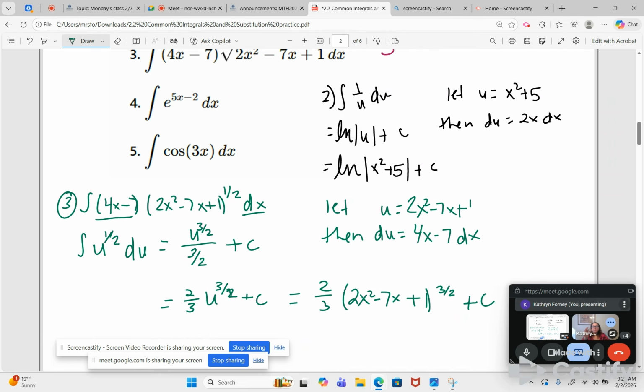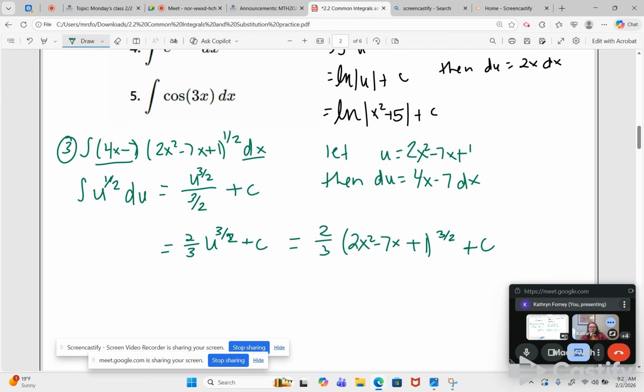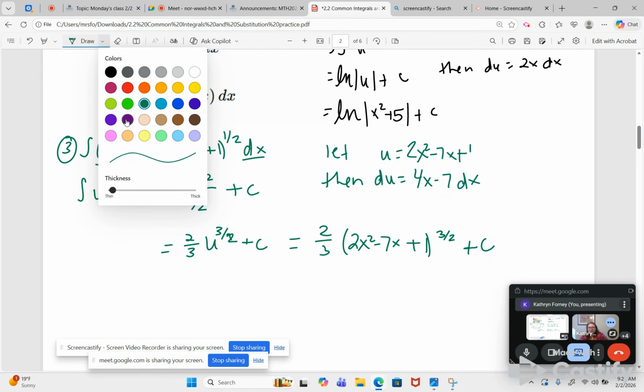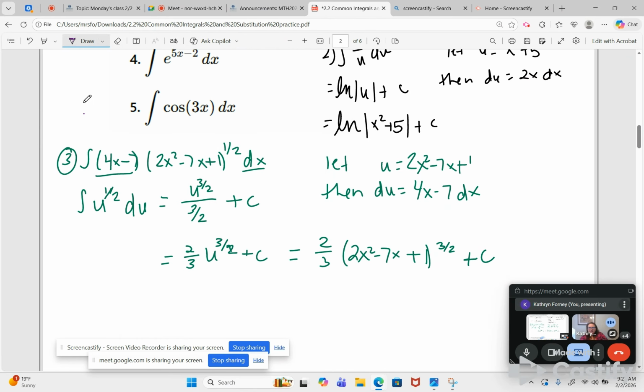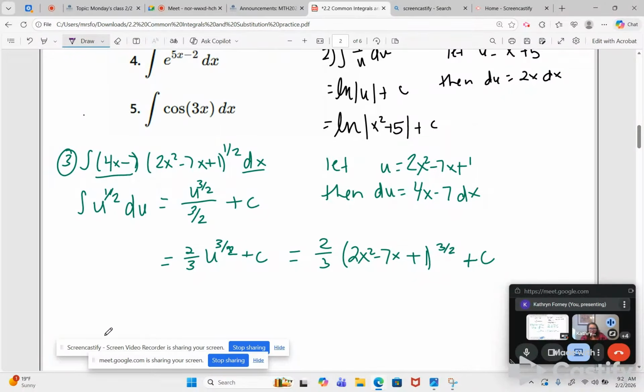All right. So then, number 4, we have e. And while at first glance, when we see e's, we might be like, oh no, truly, when we're talking about derivatives and antiderivatives, they're some of our easiest problems.